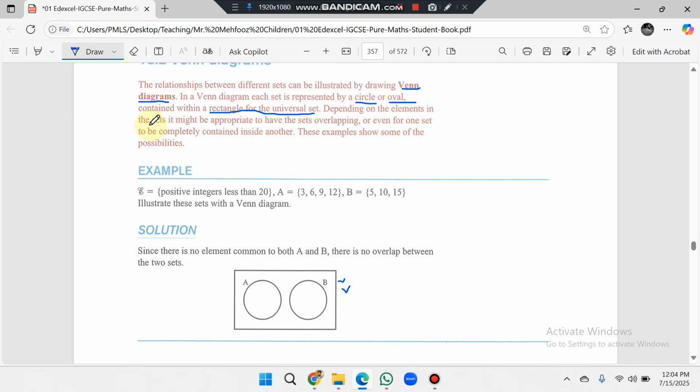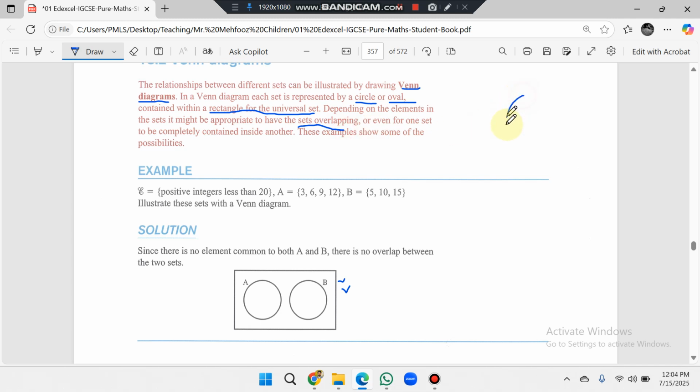Depending on the elements of the sets, it might be appropriate to have the sets overlapping, or even for one set to be completely contained inside another. So these are the cases. The first case is that the two sets are intersecting each other, or overlapping.